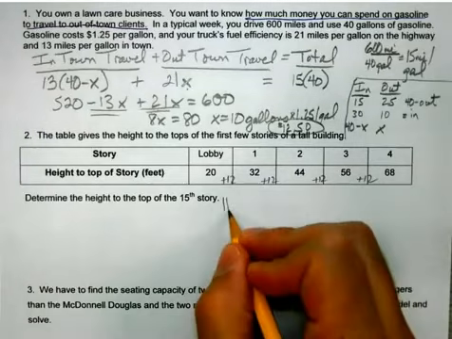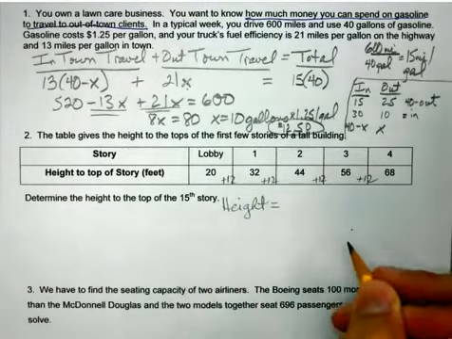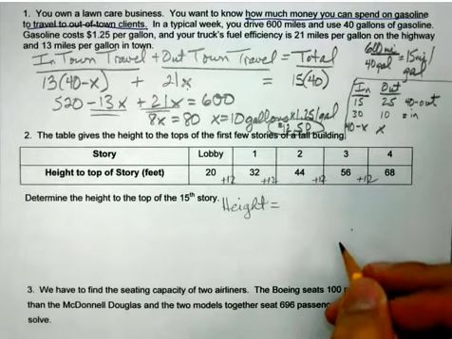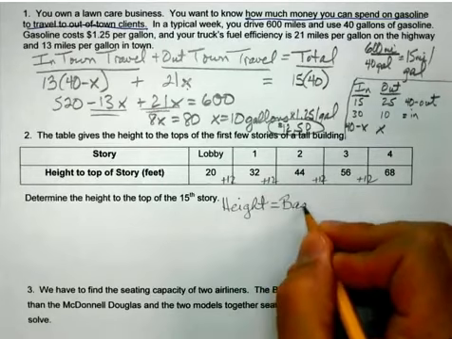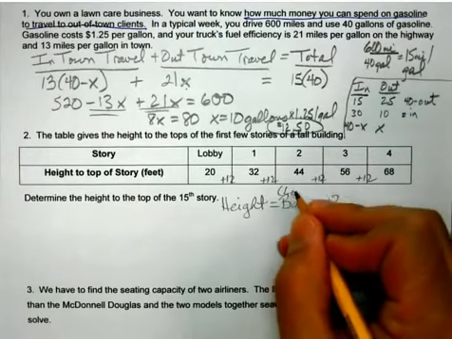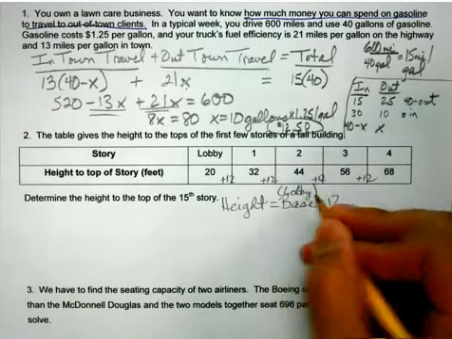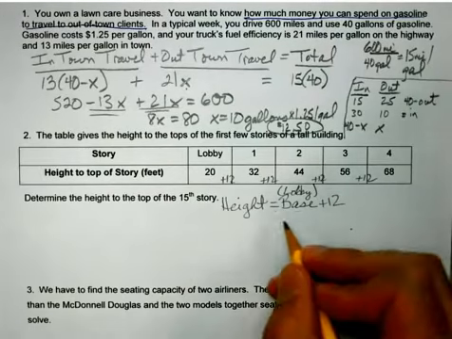So our height is going to equal our base plus 12. And the base of our building being the lobby. We're going to be adding 12 each time. So let's look at it this way.